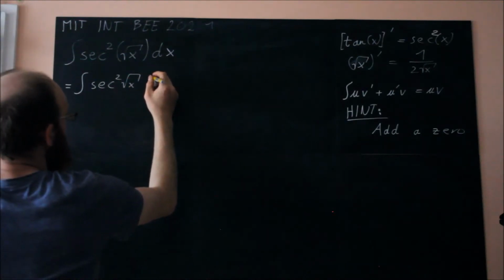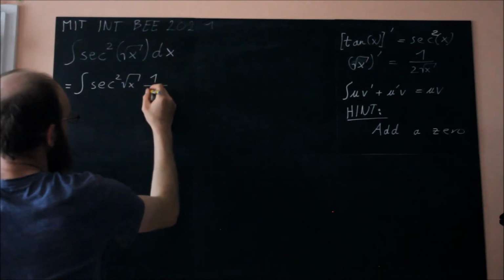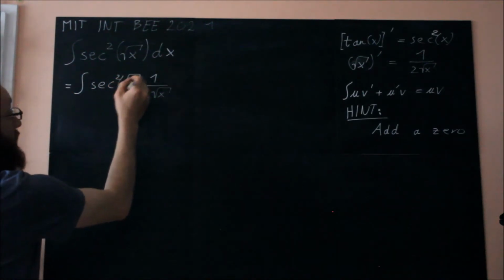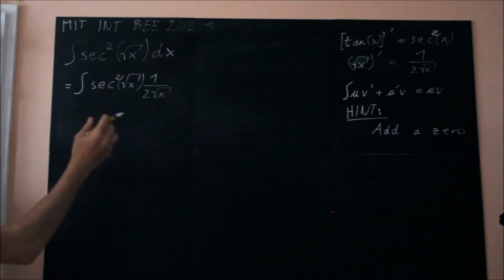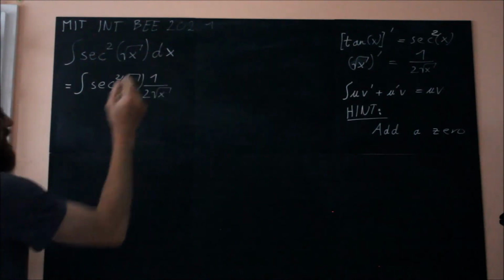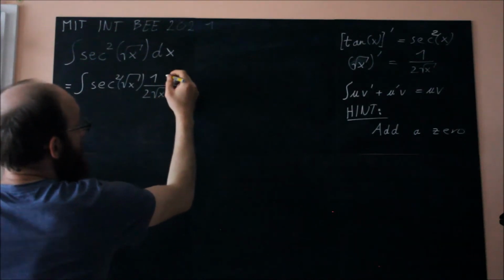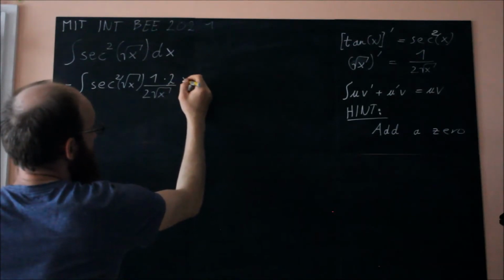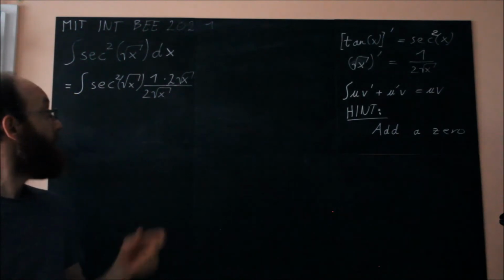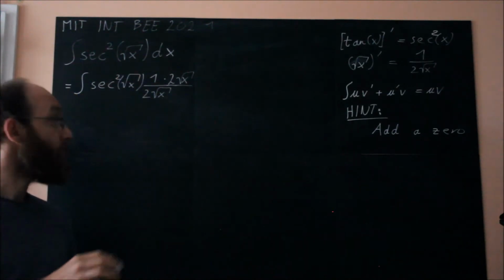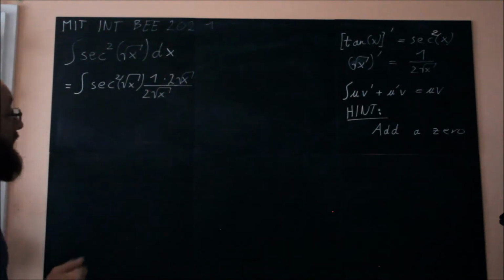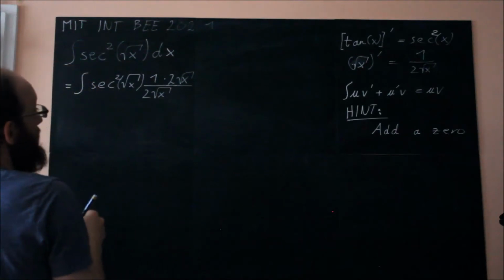there would be the derivative of the square root, and so we would have the tangent of the square root, alright, so with the chain rule. But because we are not allowed to change the integral, I add this fraction, so I multiply with 1, and why I do this?